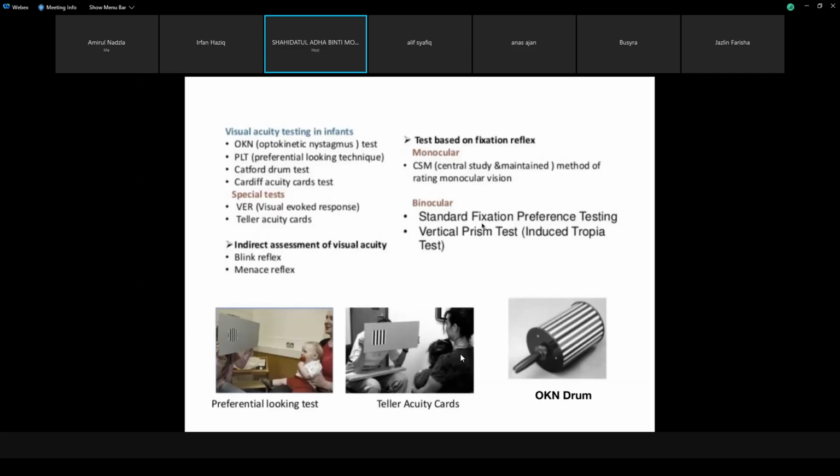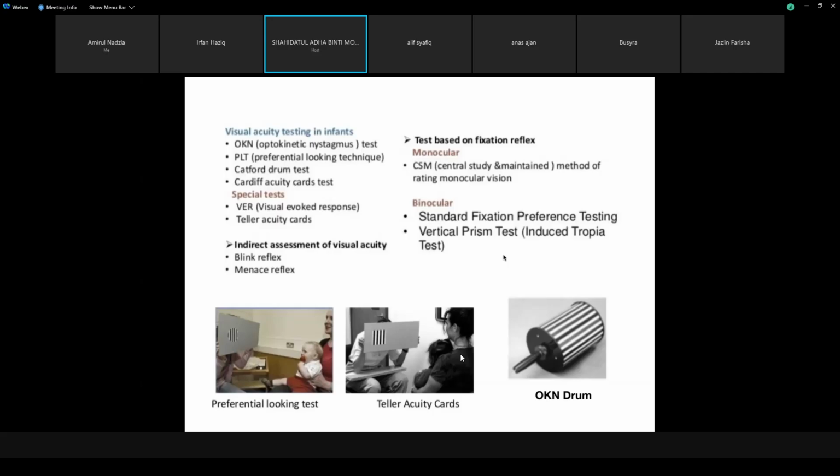The standard fixation preference testing and vertical prism test, we do in patients with strabismus, because we need to test first monocular and then binocular. We want to see if there is a preference. If both eyes have strabismus, we want to know whether the patient prefers to use one eye.